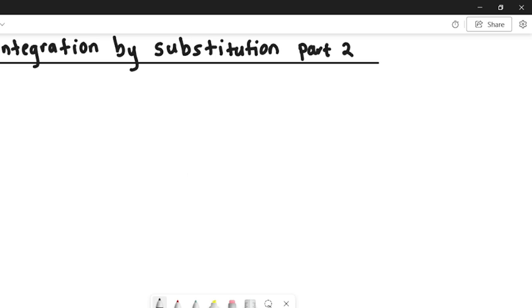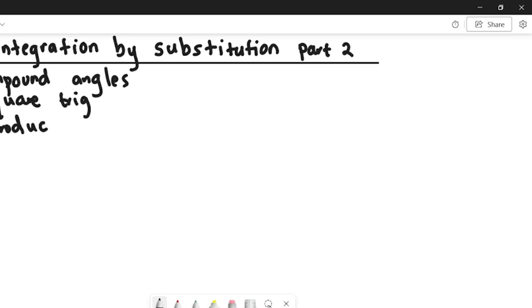The first is compound angles. Then we have the square trigonometric functions, and then we have the products of sines and cosines.